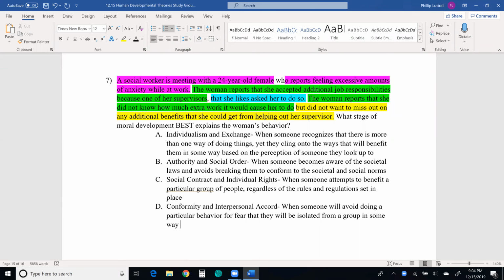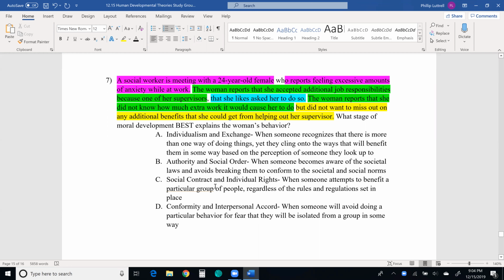Quick review: 24-year-old female, excessive amounts of anxiety while at work. She accepted additional job responsibilities because the supervisor she liked asked her to do so. She reports she did not know how much extra work it would be, but did not want to miss out on any additional benefits that she could get from the supervisor in some way, shape, or form.